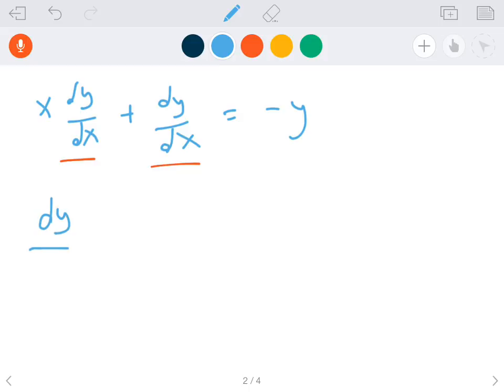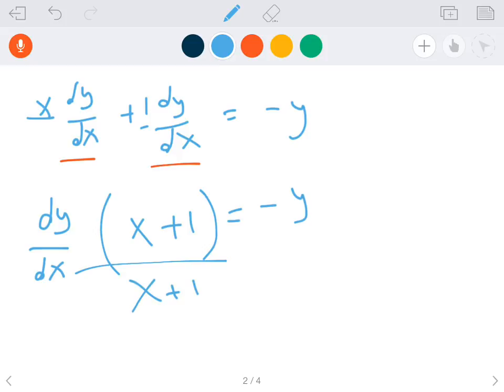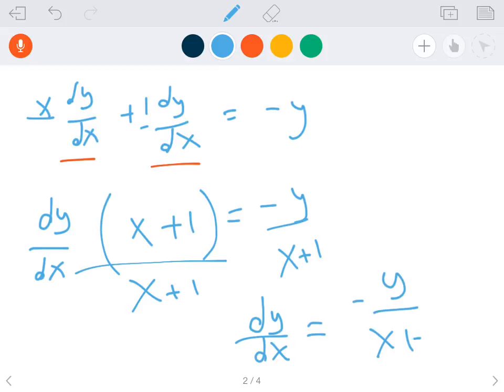If I factor out dy dx, that'll leave me with x plus 1, there's an understood 1 there, and that's equal to negative y. Then get dy dx by itself, so I divide both sides by x plus 1. That leaves me with my final answer, dy dx equals negative y over x plus 1.